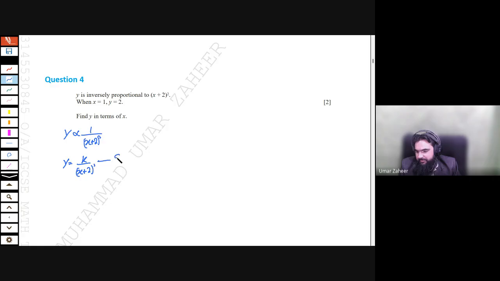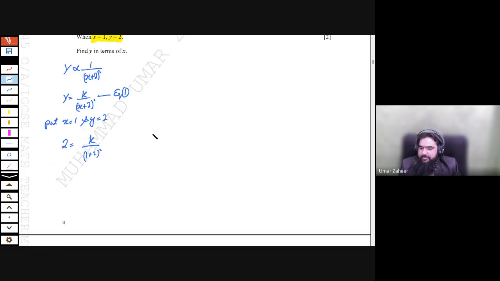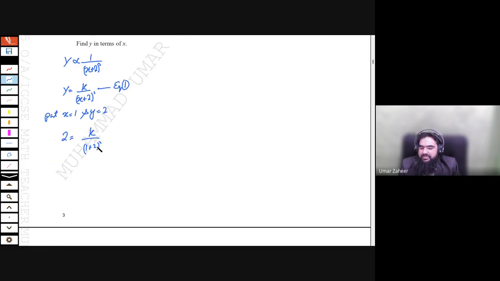That's my equation 1. Now he's going to give you the information. We have x is 1 and y is 2. So let's substitute the values: 2 is equal to k divided by 1 plus 2 whole square. 1 plus 2 is 3. 3 square is 9.